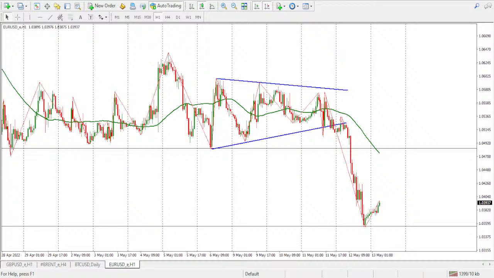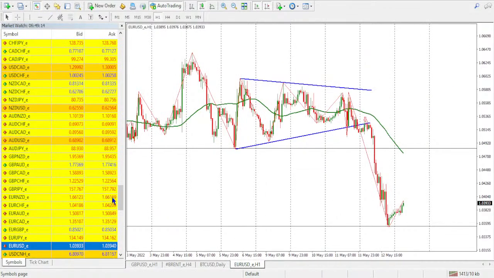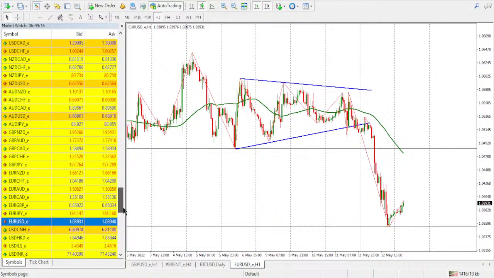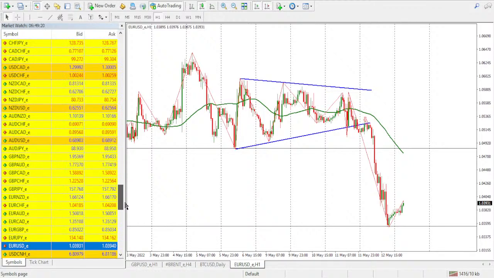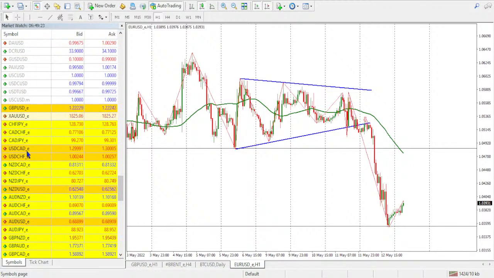So the next instrument which I want us to have a look at, the US dollar Japanese yen. We have it here.